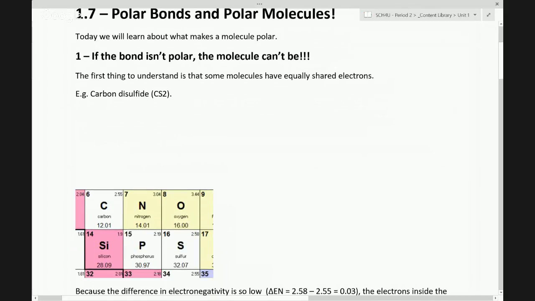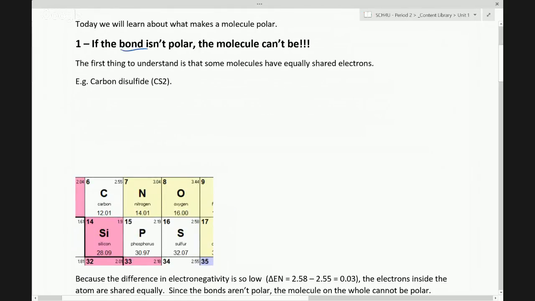And the first thing we want to point out is that if the bond isn't polar, the molecule can't be. So I want to draw the example of carbon disulphide. If we were to draw a Lewis diagram for this, we would put carbon in the center and sulfur around, because carbon has a lower electronegativity than sulfur. We would put a sigma bond between them.